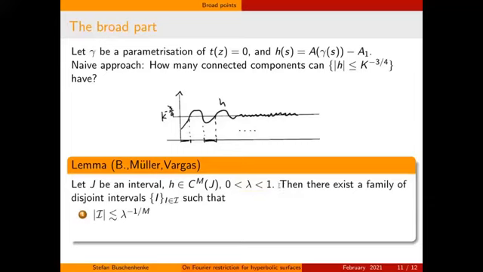Then we can find a family of disjoint intervals such that the following holds. The first condition just means that this family script I of intervals is not too big in terms of lambda. And secondly, these are not the connected components, but they cover the set where h is less than lambda, and they are contained in the set where h is less than 2 lambda.